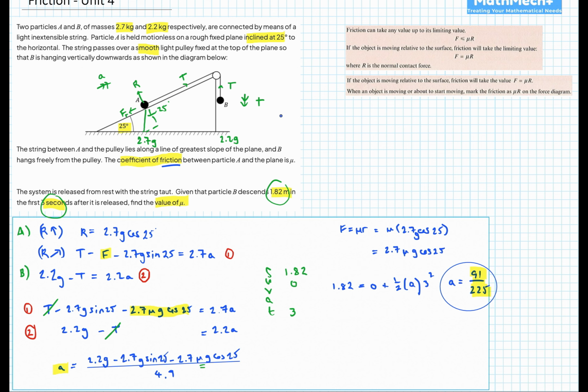I've just kept it the way it is so that it's very clear. So you may not have 2.2 g, you might just have 22. In this course we use g as 10. And of course for 2.7 g sine 25 you may already have that answer written out. So it doesn't look as daunting as this particular one. But for clarity, I have it all there, just to make sure.